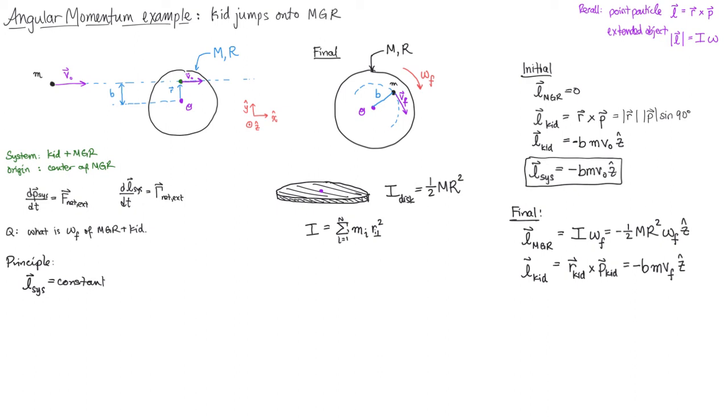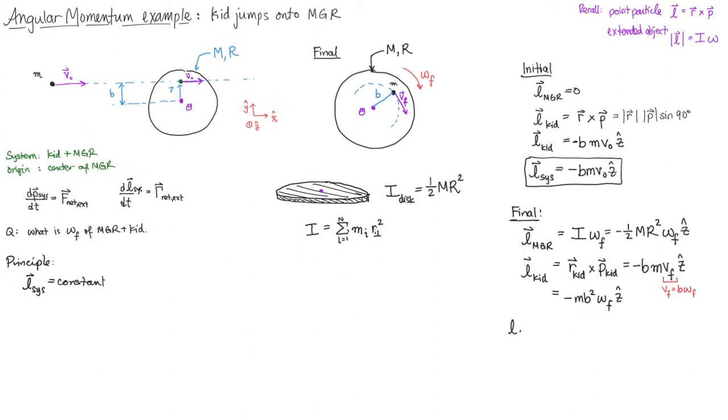Okay. So we can now write, we have to do one more thing, which is to re-express v in terms of omega. So we can use v final is equal to b times omega final. This gives us that the angular momentum of the kid is minus m b squared omega final.